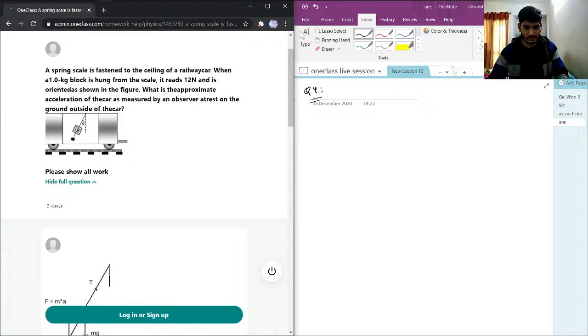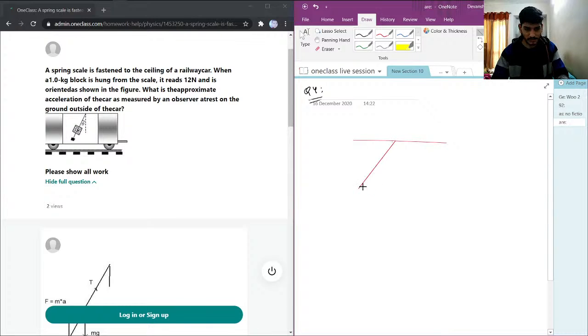And for this figure, we can easily draw the diagram. Let's say this is the ceiling of the car. This is the spring balance, and we have a mass.